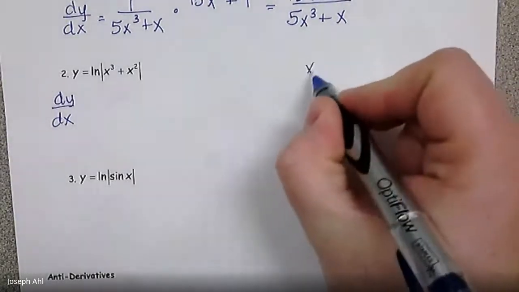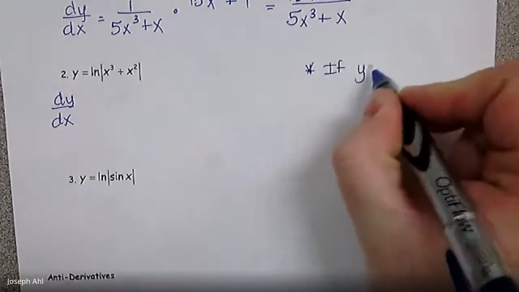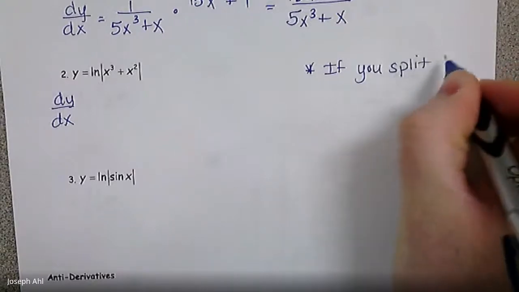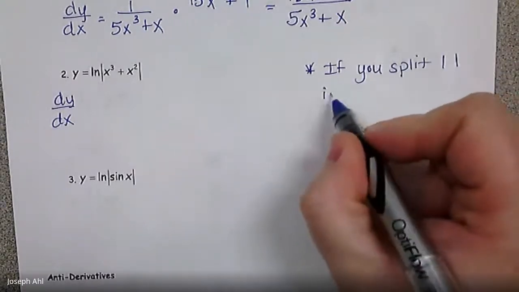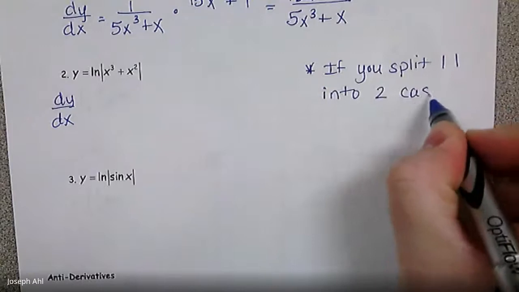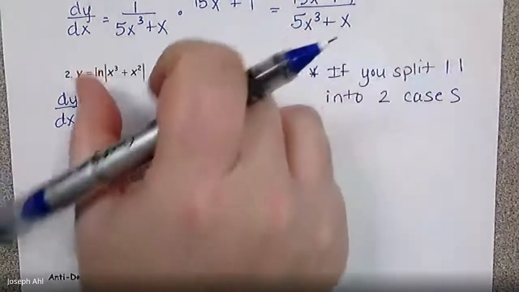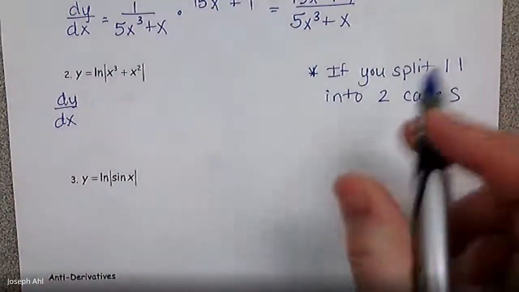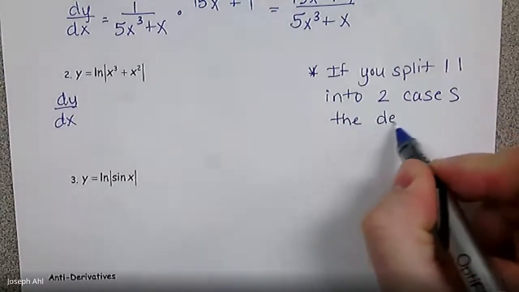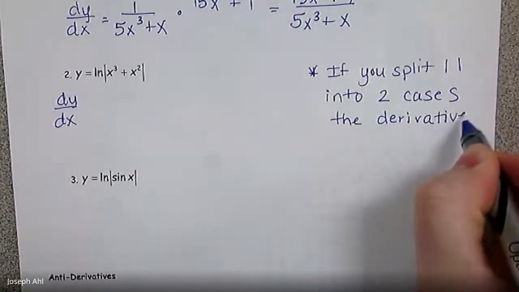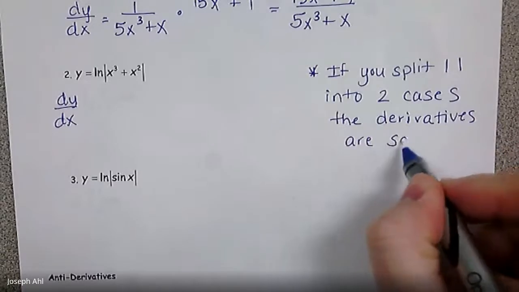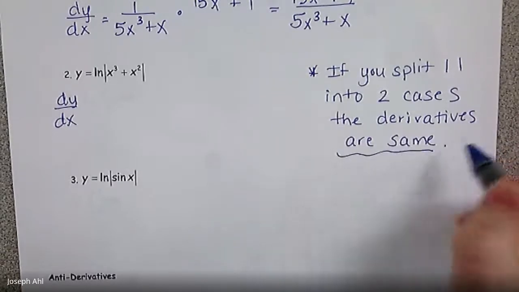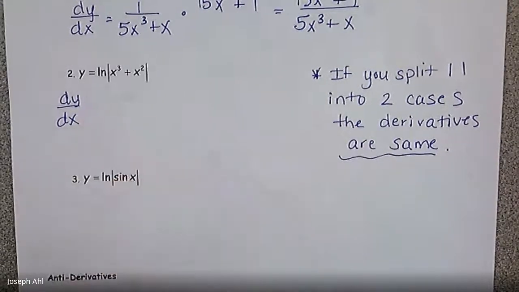But what I'll tell you is for these cases, if you split the absolute value into those two cases, one where the quantity on the inside is positive, one where we negate it, the derivatives are the same. So to save us some time, I'm not going to make us go through that process, but for these examples, we'll find that the two derivatives match.